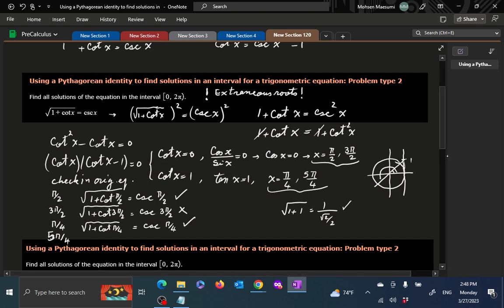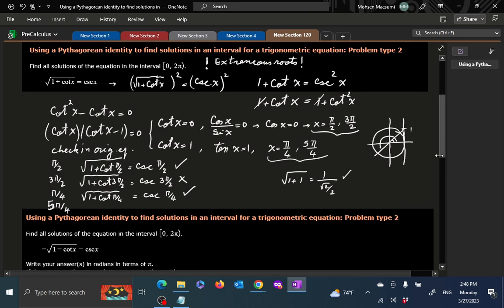With 5 pi over 4, is 1 plus cotangent of 5 pi over 4 equal to cosecant of 5 pi over 4? Again, this is 1 over sine of 5 pi over 4, and that is minus radical 2 over 2. It cannot match the square root.